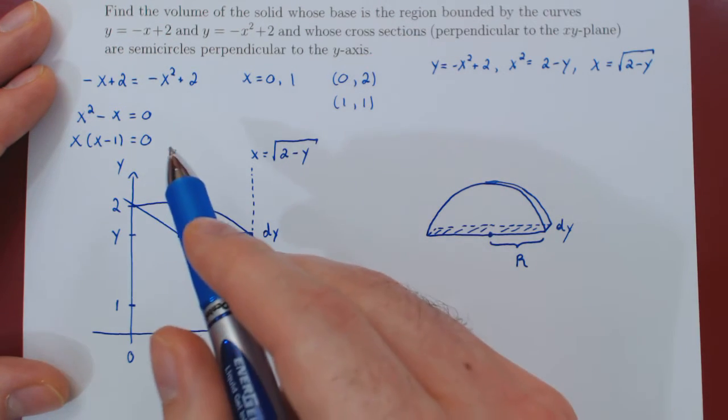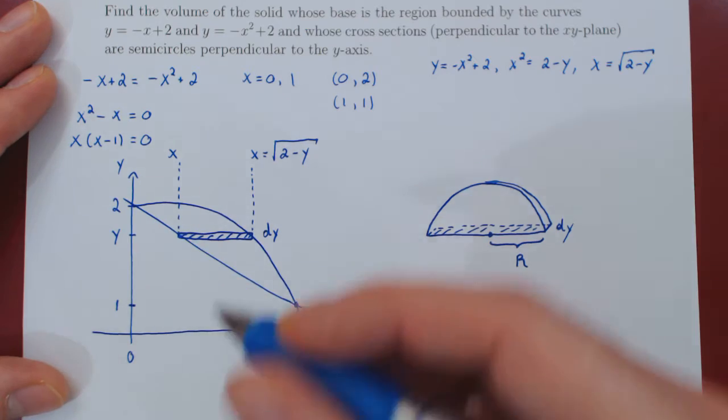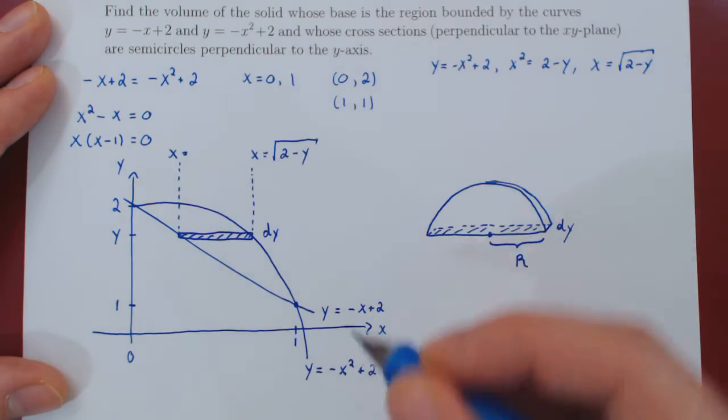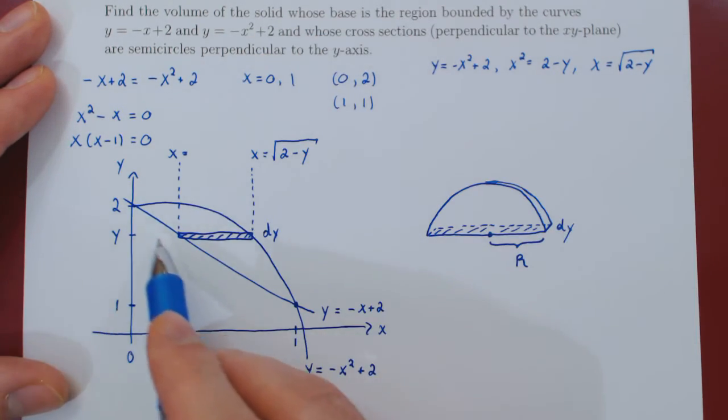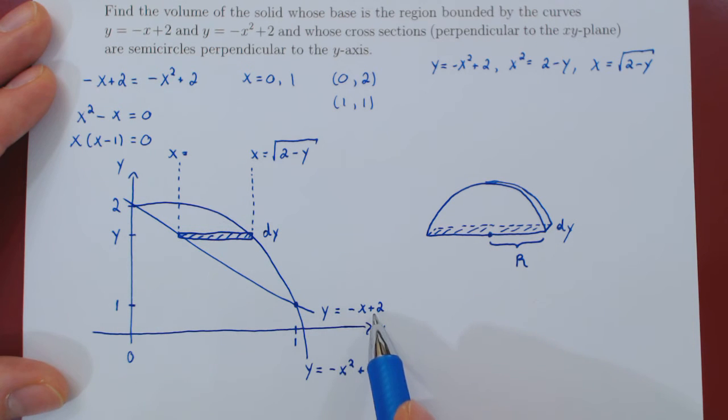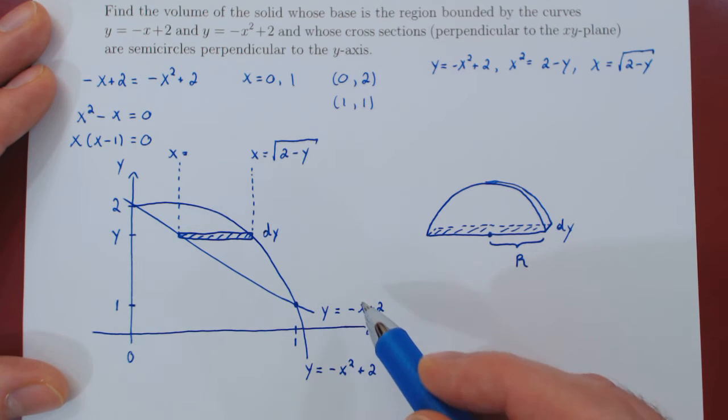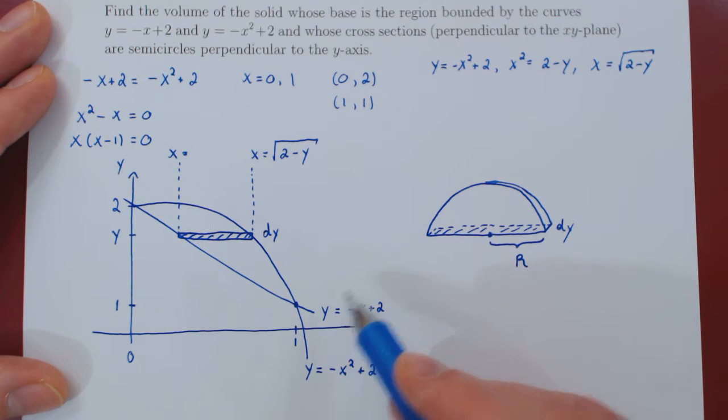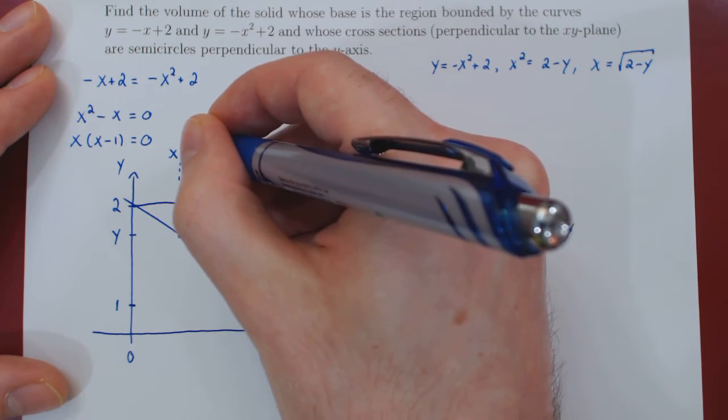And now we need the x value in terms of y of the left-hand point of our rectangle. This will be a little easier. Now we are on the line where y is negative x plus 2. So send x over here, y over there. So x will be 2 minus y.